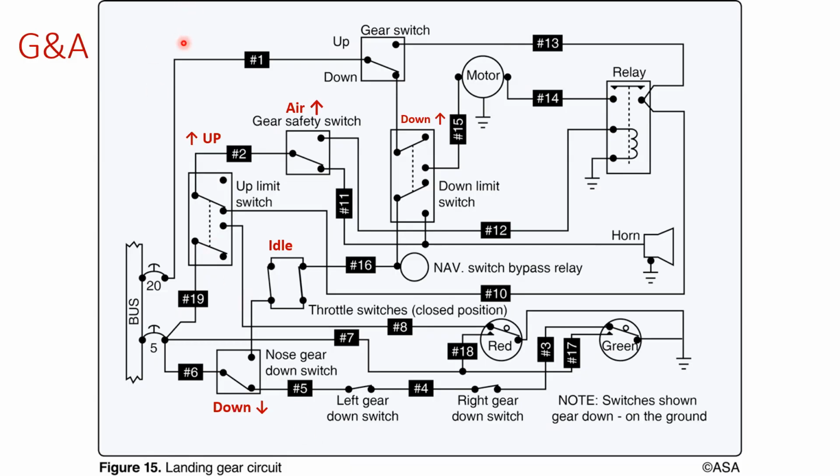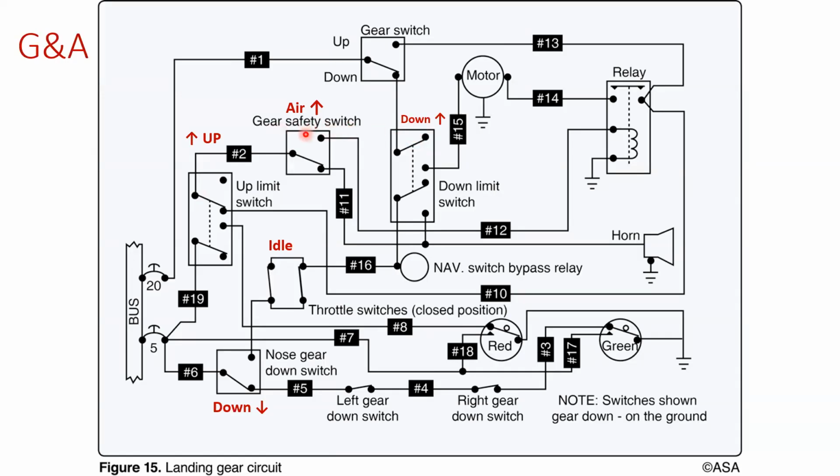We've got the up limit switch, which on the picture, if it's up in this direction, then we're saying the landing gear is up. If it's in the position shown right now, the landing gear is down, as in down and locked.